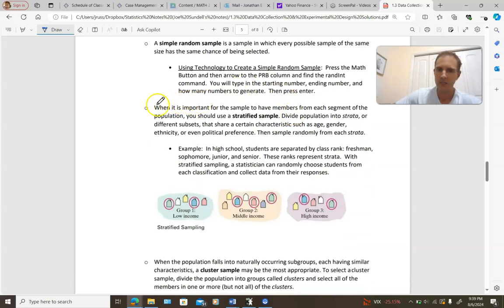Now let's look at this next method here. When it's important for the sample to have members from each segment of the population, we use what's called a stratified sample. So when you think about the word strata, guys, I typically think of geology.